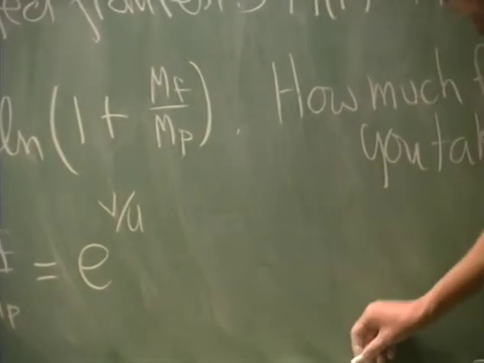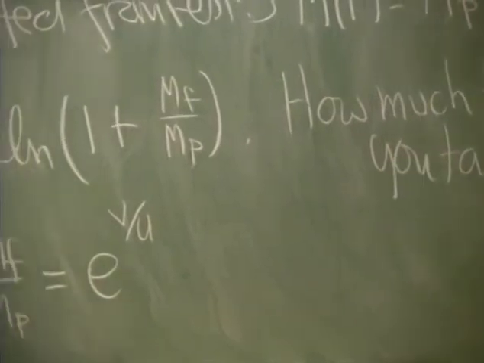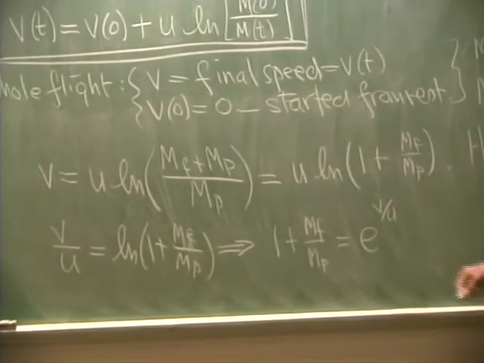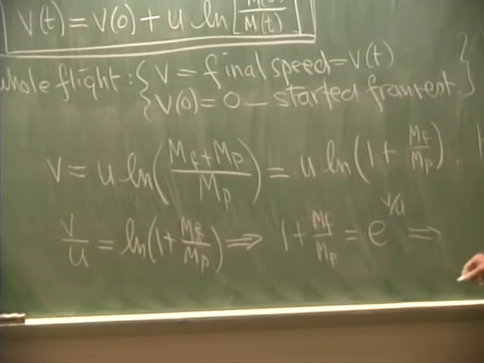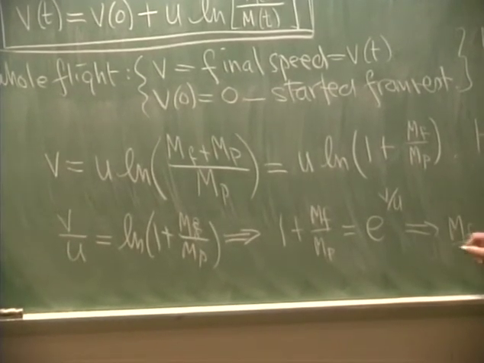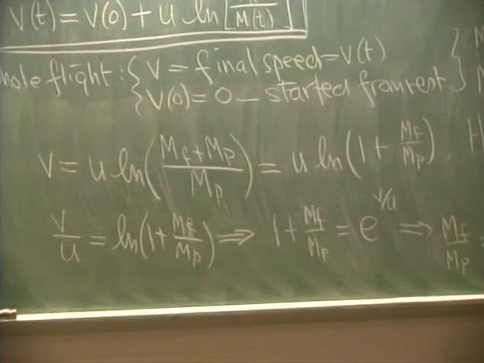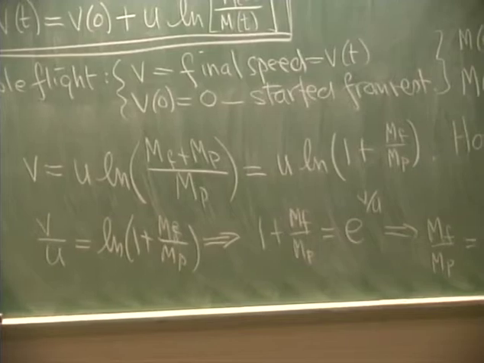When the exponentials and the logarithms come in, I hope not too many of you, but don't get exercised about that. The reason for this is coming in a second. So now I subtract a 1, and I get mf over me is equal to e to the v over u minus 1.